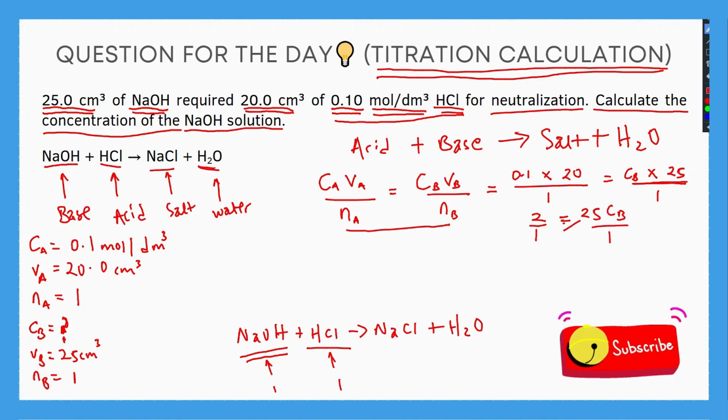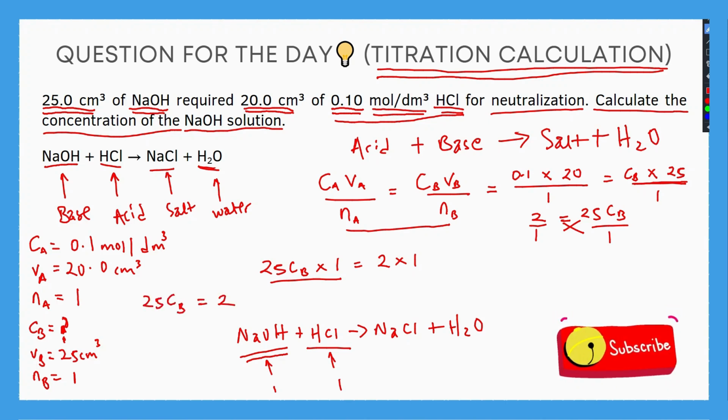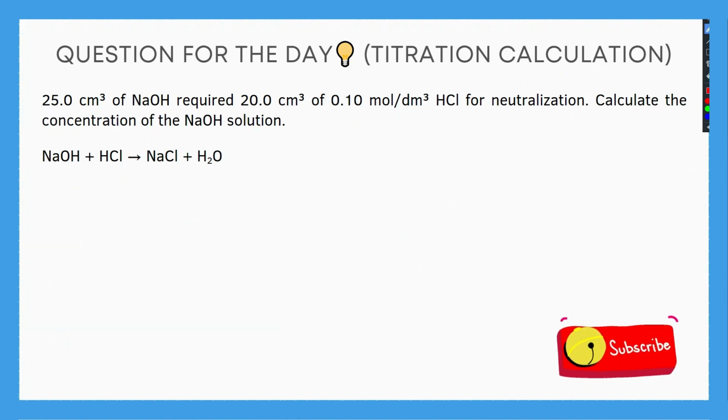So from here we can cross multiply. If we do, we have 25 Cb times 1 is equal to 2 times 1. Now this multiplied by 1 remains 25 Cb. This is equal to 2. So therefore, if we proceed with this calculation, what we have is 25 Cb is equal to 2. At this point, we need to calculate what Cb is.